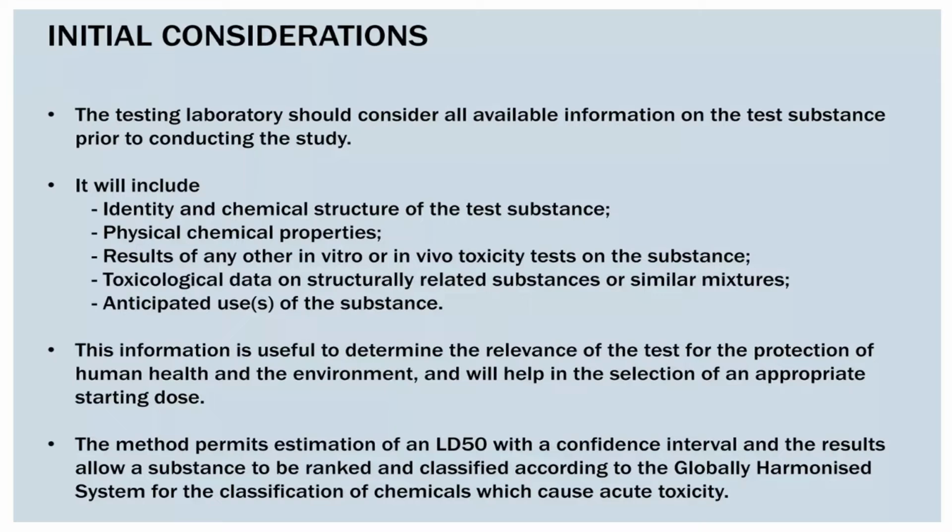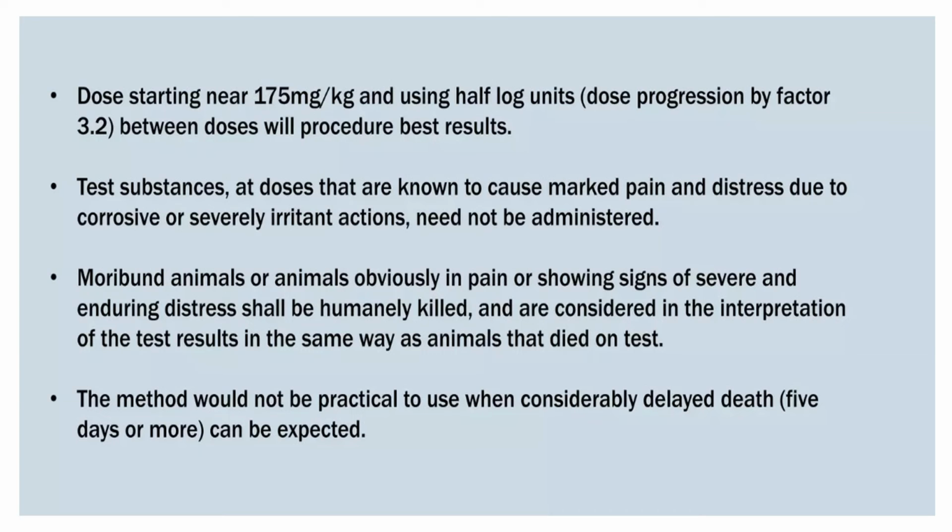We can easily put it in a category, which class it is coming from, and how toxic its nature is. Dose starting near 175 mg per kg and using half log units, dose progression by a factor of 3.2.